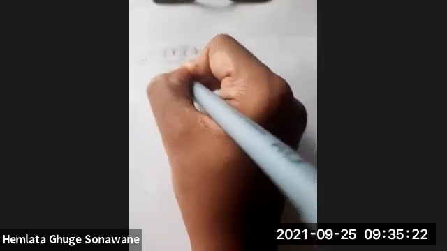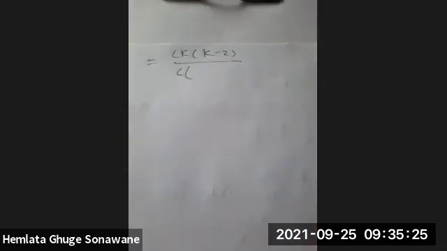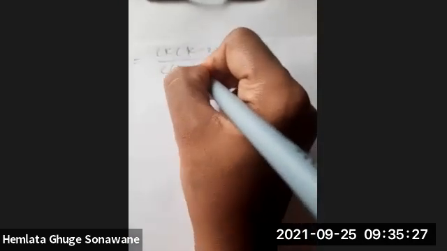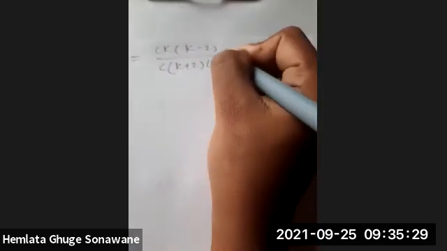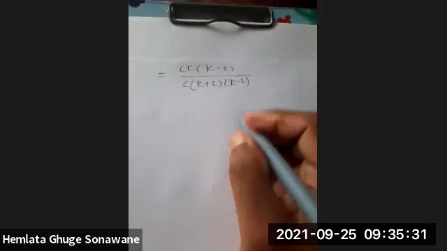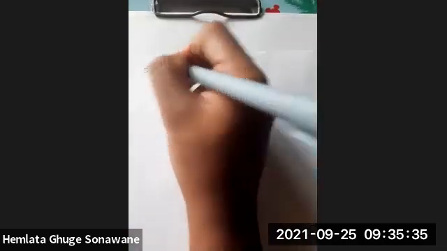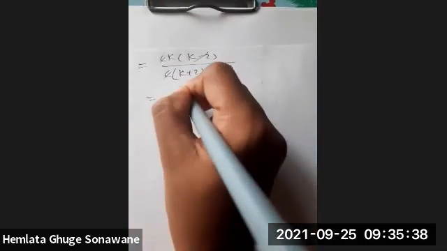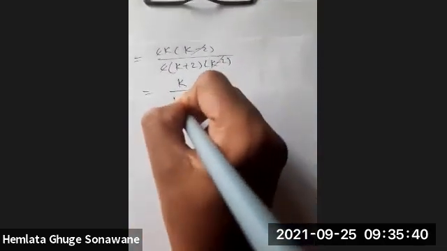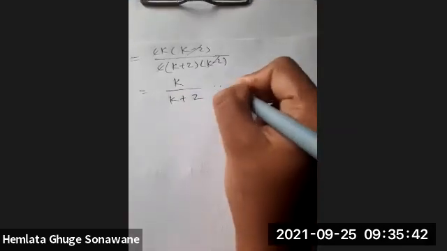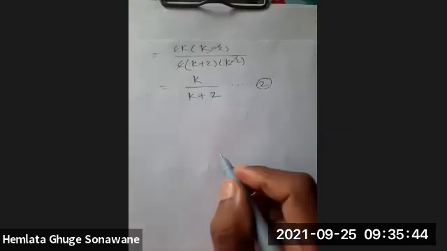This K square minus 4 we can write as K plus 2 and K minus 2. So K minus 2 cancels, C gets cancelled. What is remaining is K upon K plus 2. We'll mark this as equation number 2.